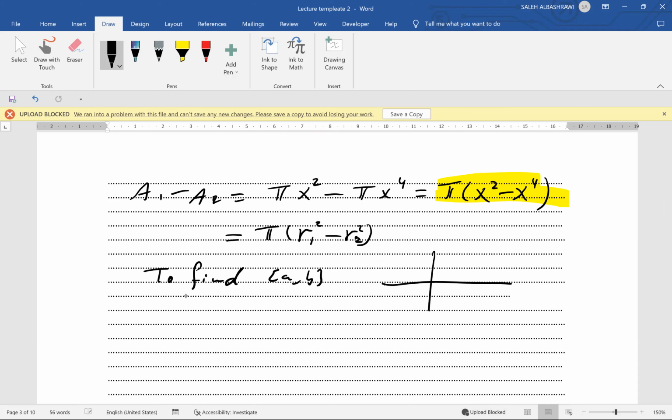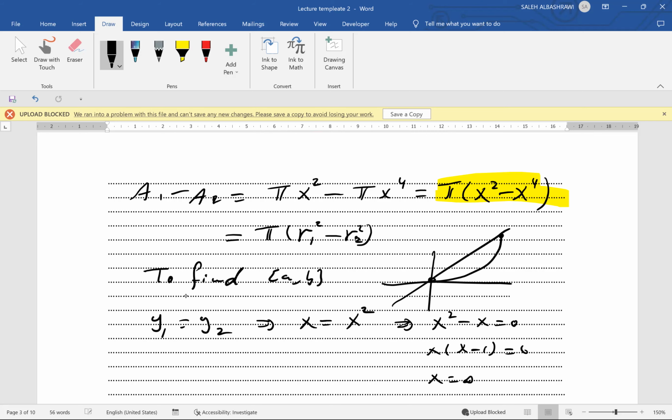Okay, it is a line and a parabola. Let y1 equal y2. That will give me x equal to x squared, or I can write it as x squared minus x equal to 0. We can take x as a common factor, so x times x minus 1 equals 0.